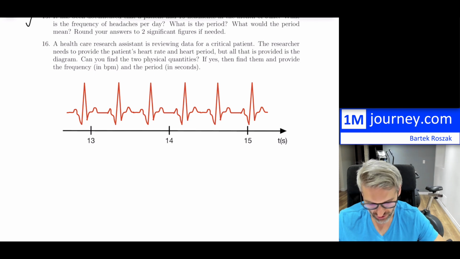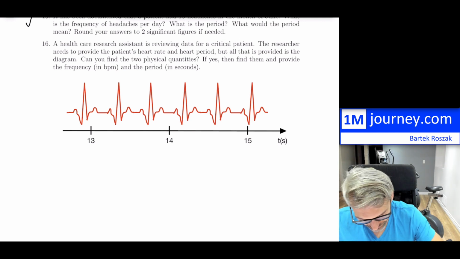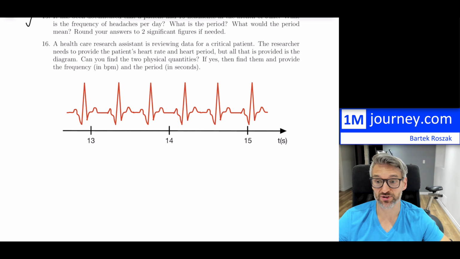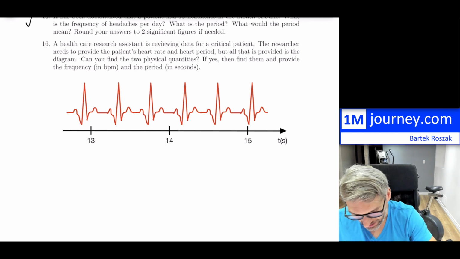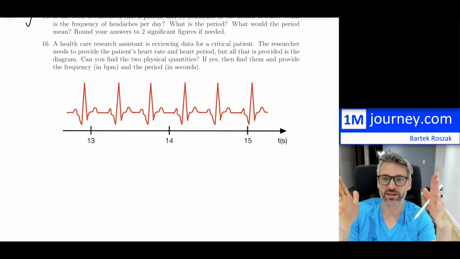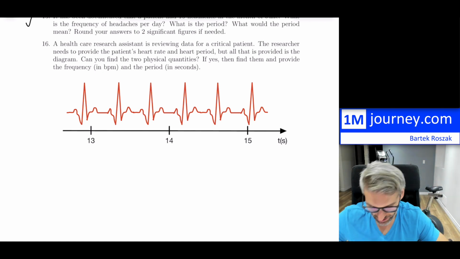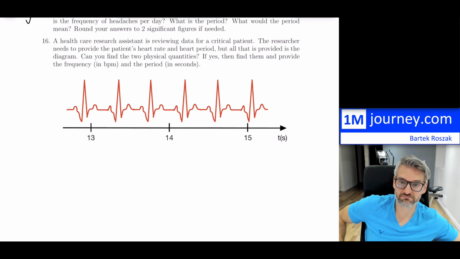Well, let's start with the period. We need to measure this, and we can eyeball it more or less to find this out. Period is the time between each cycle, so between each repetition. So let's actually figure it out.